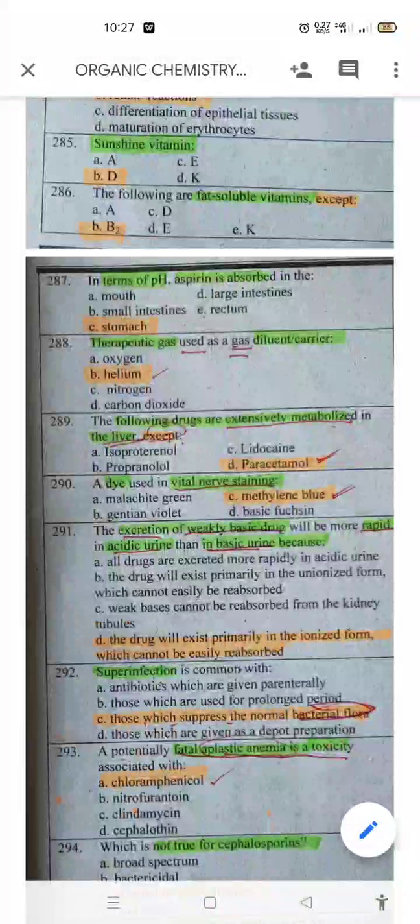289, the following drugs are extensively metabolized in the liver except paracetamol.